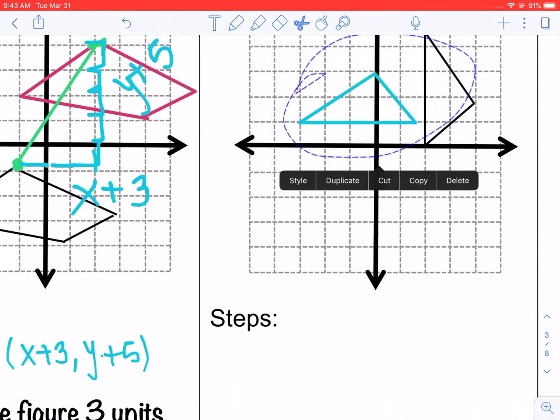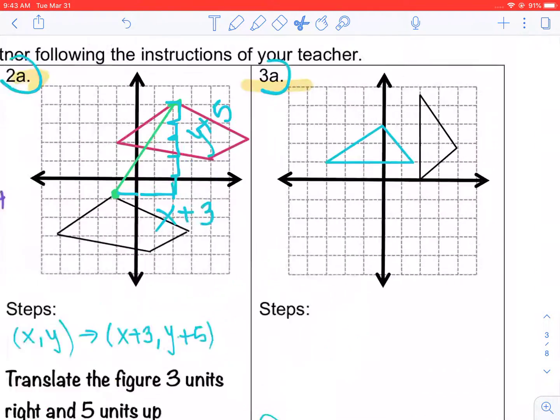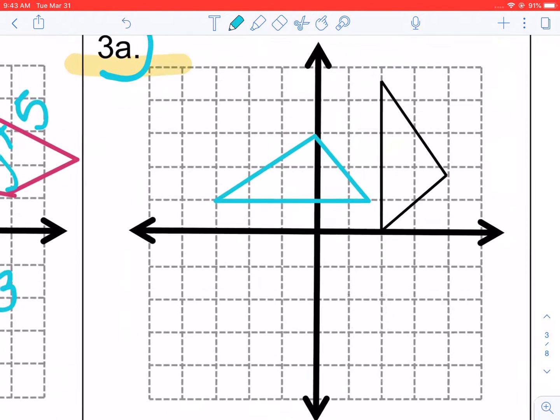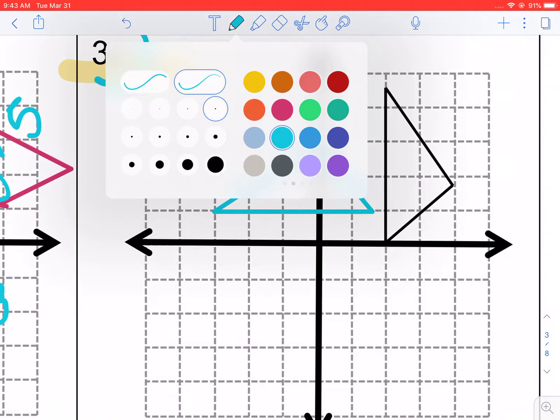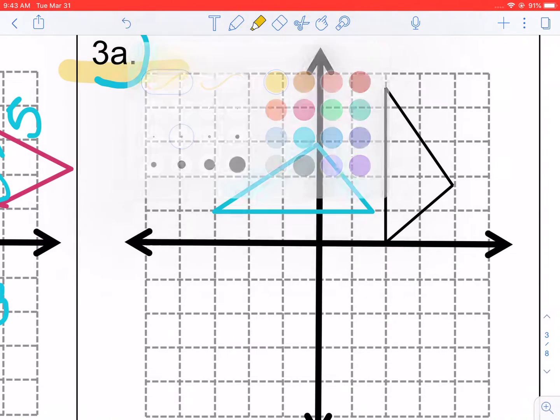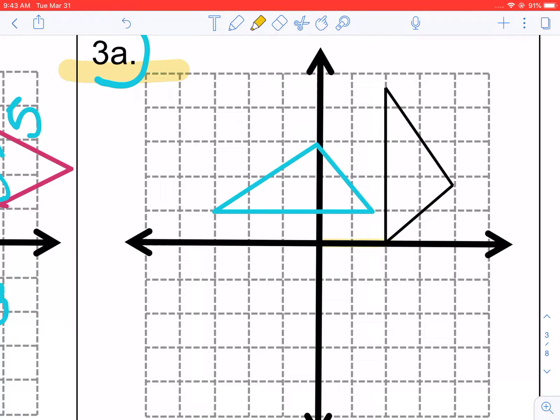Here you go. Okay, let me compare. Yeah, I copied the figure correctly. So let's see. What I need to do in here then is rotate this figure. And I'm gonna use the arms that I explained to you in the last video. So if this is here 2 units to the right and I rotate this 90 degrees, this is gonna be 2 units up.